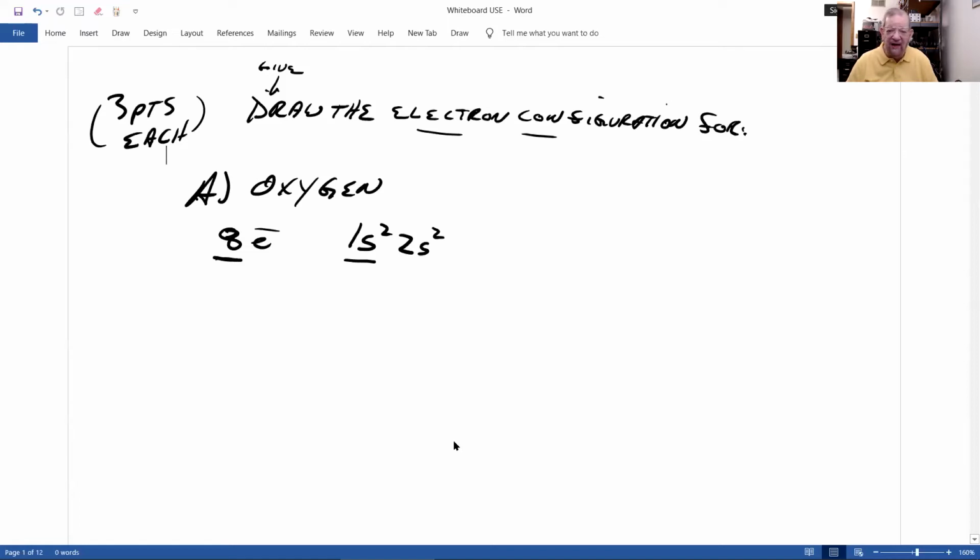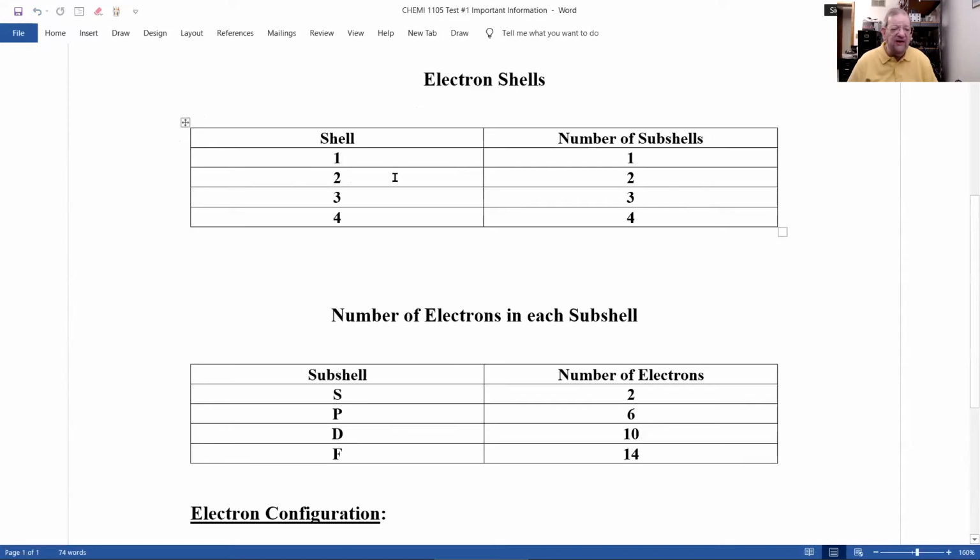Now, if we look at important information, test number 1, we see shell 2 has 2 subshells. The second one, if 2s is the first, the second one is 2p. How many electrons max can we put in any p orbital? 6.